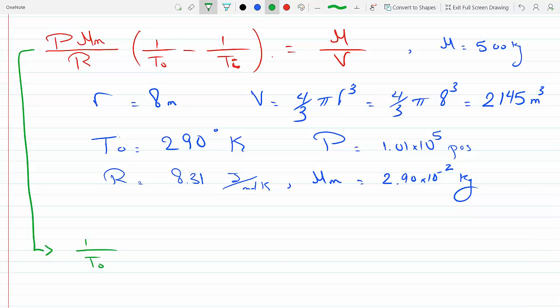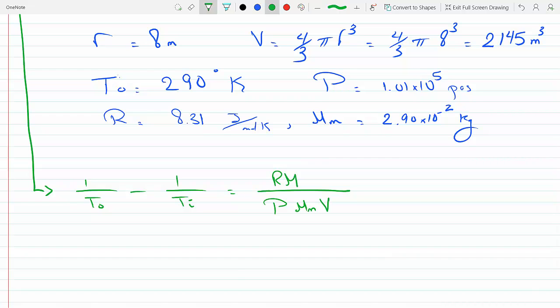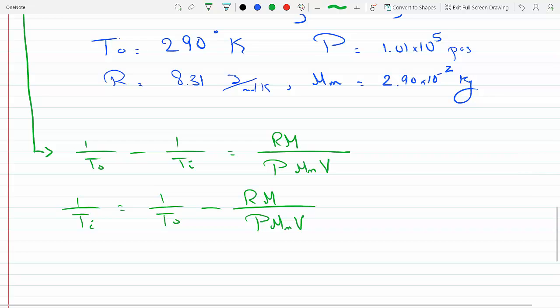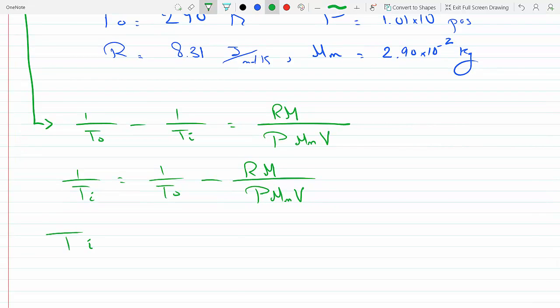So we get 1 over T outside minus 1 over T inside equal Rm divided by P molar mass V. Move this to the right, so 1 over T inside will be 1 over T0 minus Rm over P molar mass V, and then I could just reciprocate this, so T inside will be all that to the minus 1.